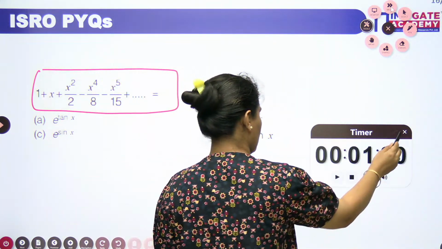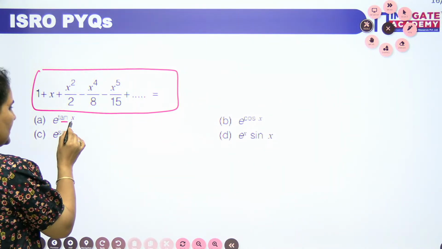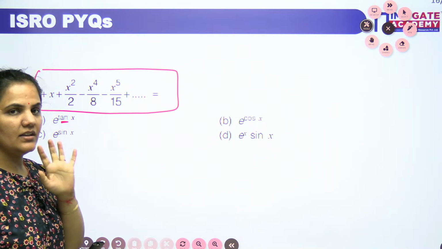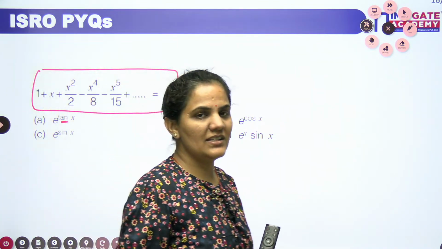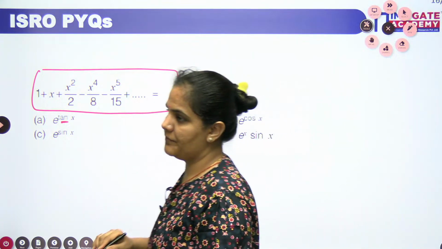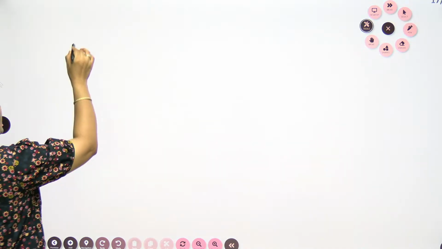All right, let's approach it. First of all, I can see I have e to the power 10x here. I don't think this is the question where the series expansion is for 10x. Here I need to go with option elimination only.